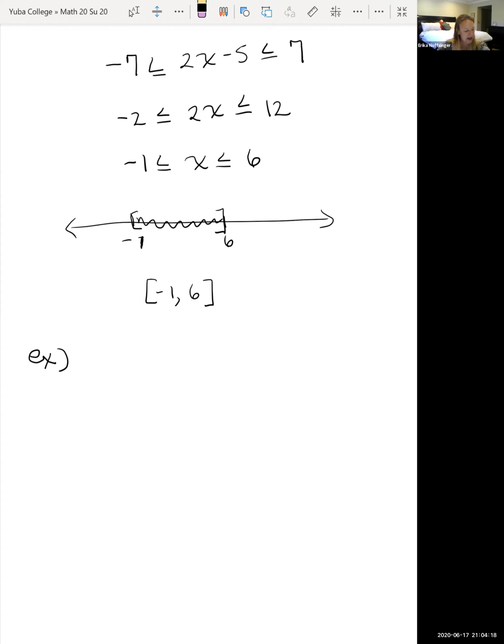If you had the absolute value of x plus 2, that whole thing is less than 5, we're going to try to manipulate this such that a is less than x minus 2 is less than b. Let's find a and b.